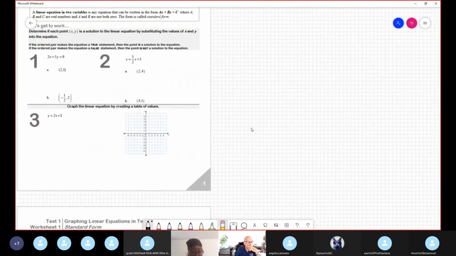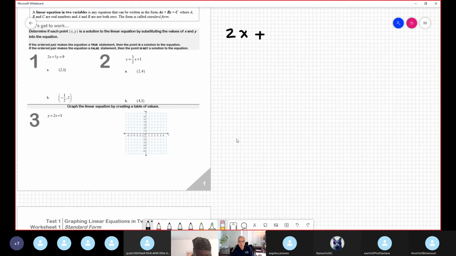Question 1 says, if the ordered pair makes the equation a true statement, then the point is a solution. Okay. One line is given, 2x plus 5y equal 9. And one point is given, 2,1.